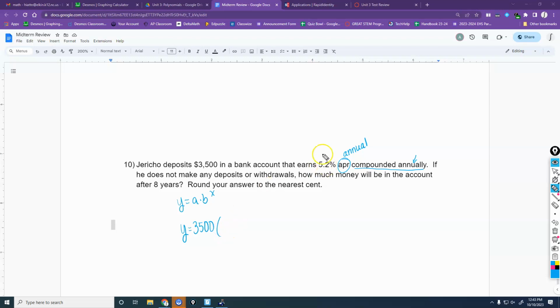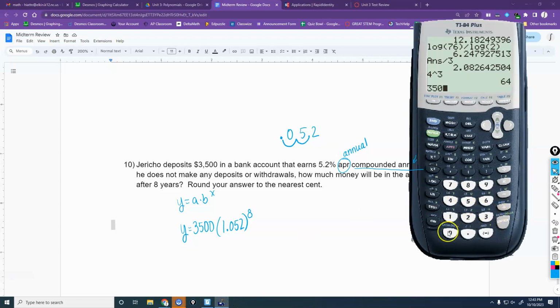The B, we need to take 5.2% and change it to a decimal. We do that by moving this 2 places, and we get 0.052, and you have to add a 1 to it. And then our X is our amount of time, so that would be 8 for this. So you are going to just type in 35,000 times 1.052 to the 8th power, and we get 5,250.42.